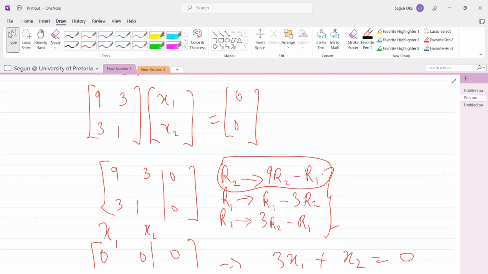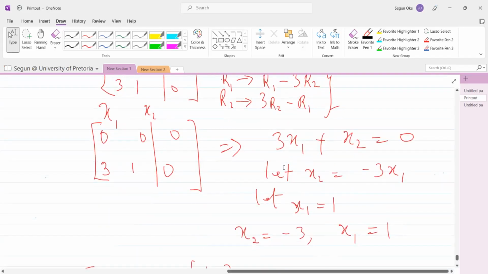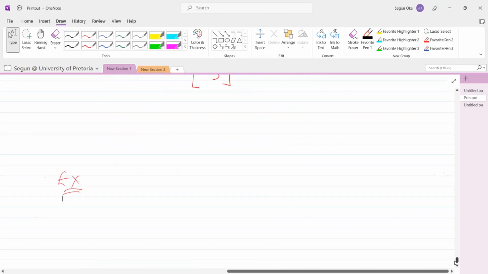For example, what I'm trying to say is this. I think I've seen questions like that. Let me just give you this. Now, for example, let's say I said where lambda is equal to 3.